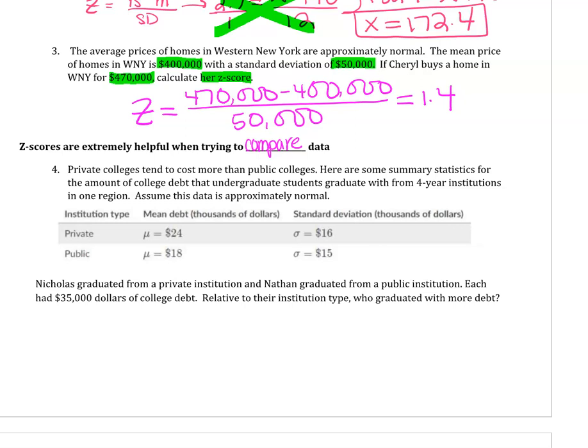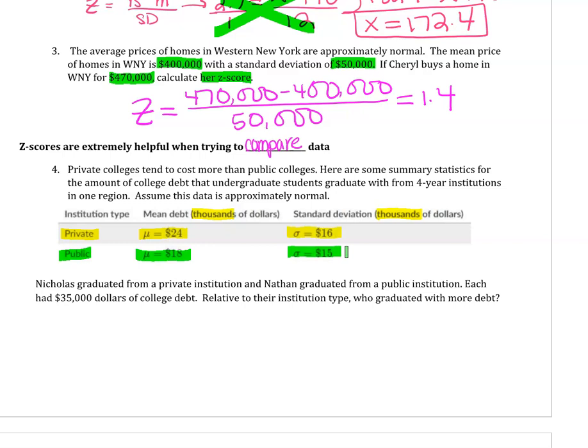Assume this data is approximately normal. So we've got our private school, mean is $24,000 in debt with a standard deviation of $16,000, right? And then public, $18,000 in debt with a standard deviation of $15,000.